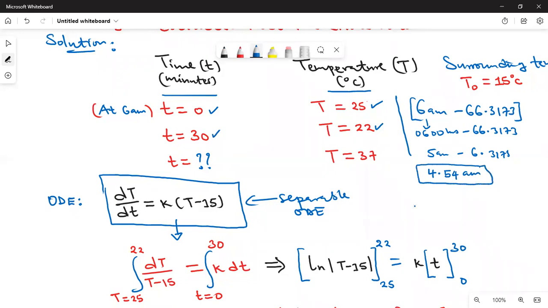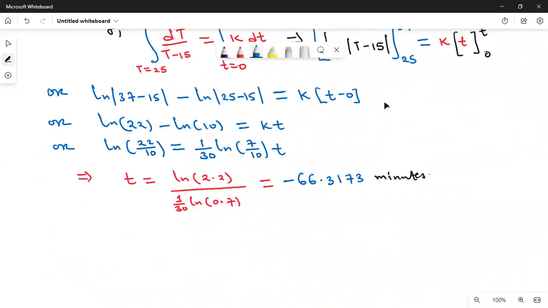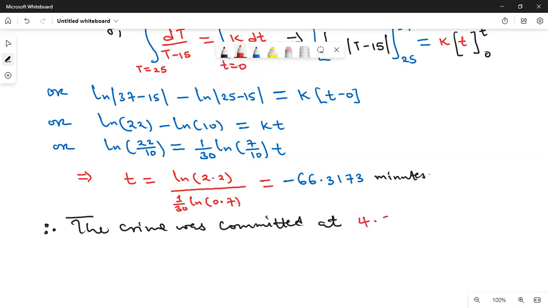That is the 66.3173 minutes just before 6 a.m. So that means the time that the crime was committed is at 4:54 a.m. So we can now conclude and write: therefore, the crime was committed at 4:54 a.m. I said it's just 66.3173 minutes before 6 a.m.